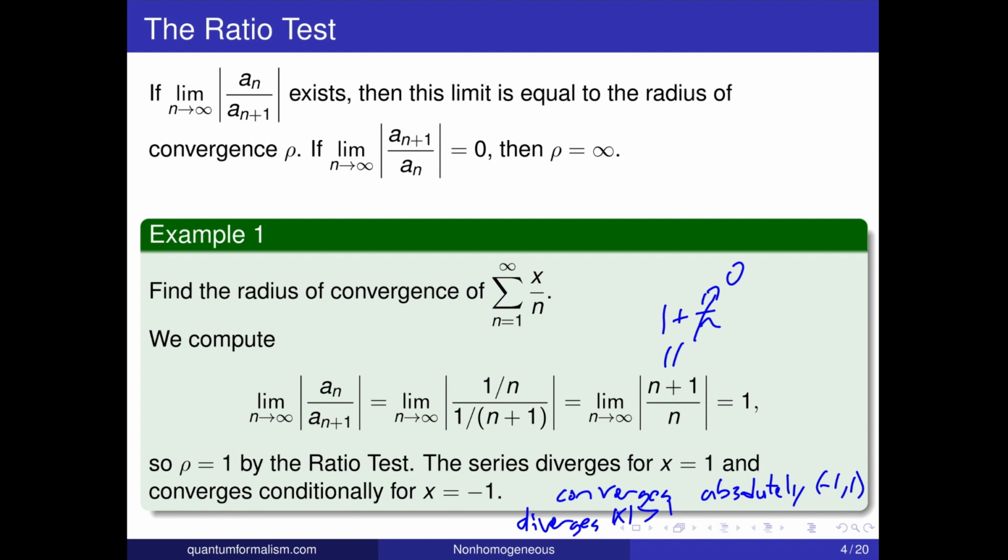And then, as I said before, the behavior at -1 and 1 could be anything. In this case, it'll diverge for x equals 1 and converge conditionally at x equals -1. Right? I mean, it can't converge absolutely, because if you put absolute value bars on the series with -1 in place of x, you'll just get the series with x equal to 1 instead, and that one diverges.